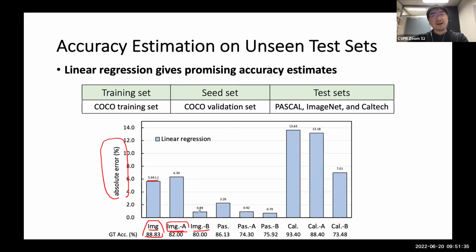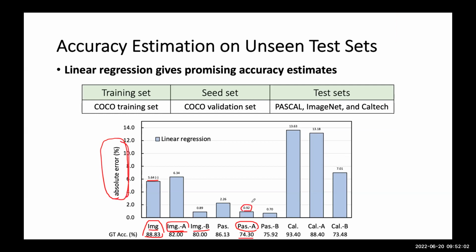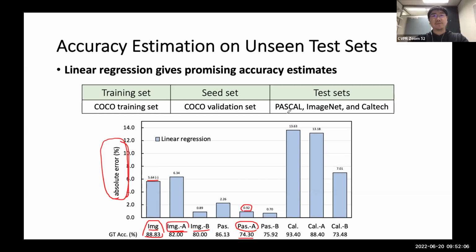So if we test our model, for example, on this Pascal data set, suppose the ground truth accuracy is 74%. Using our method, we can estimate with a very small estimation error, which is the y-axis absolute error, 0.9%. So we can make a very good estimate.